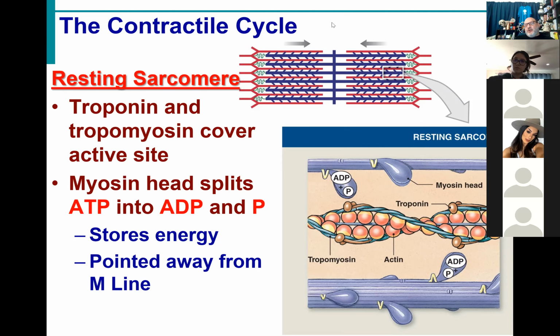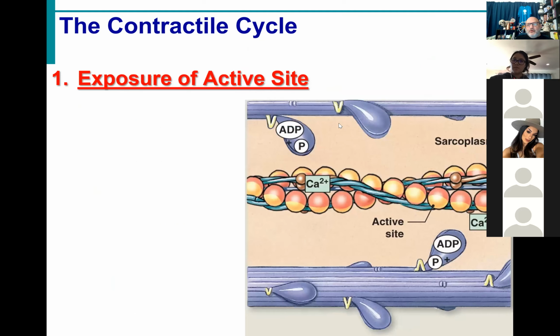So while you're sitting at rest, all your myosin heads are going to start getting the ATPs they need, priming and getting ready. So when I actually want to contract, what do I need to do to get this muscle going from this relaxed resting state to a contracted state? Is there calcium? Yeah, I use the calcium to move the regulatory proteins. Remember, the first thing I need to do is move those regulatory proteins out of the way.